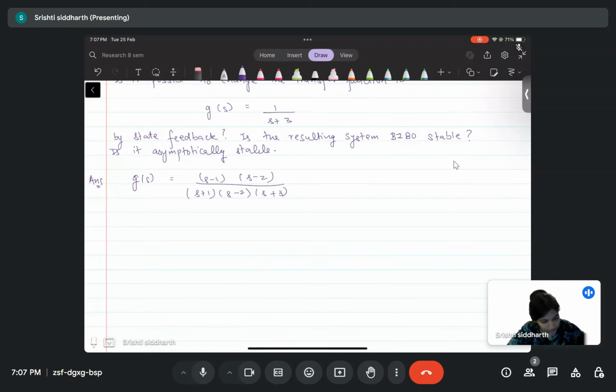So the eigenvalues are, from the characteristic equation, minus 1, 2, and minus 3. Then we have the desired transfer function with s plus 3, and the eigenvalue here is minus 3. So we want to shift these eigenvalues to lambda equals minus 3 by state feedback.